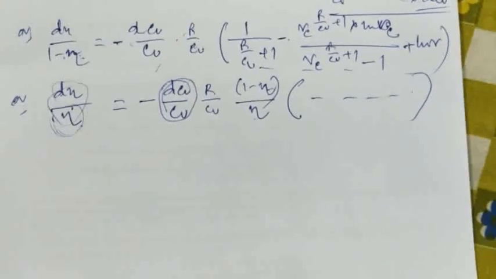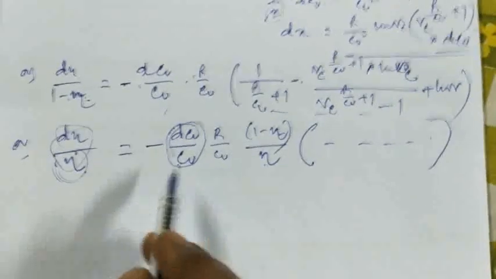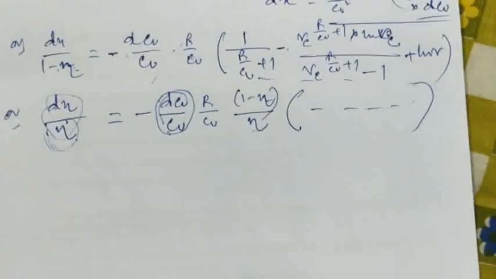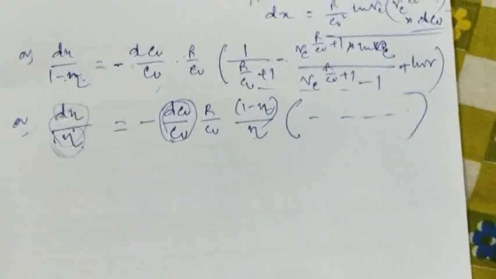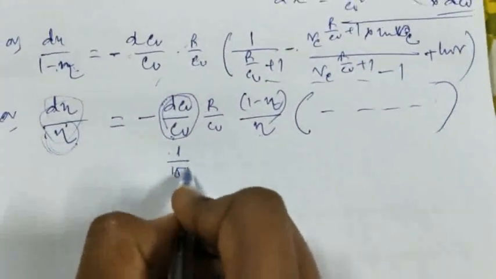This has been told to be 1%, that means dCV by CV is 1 by 100.